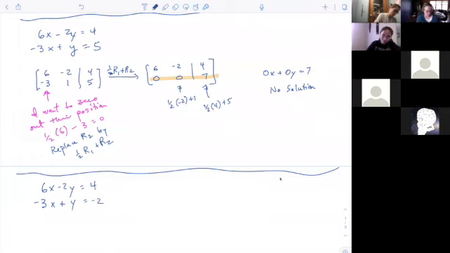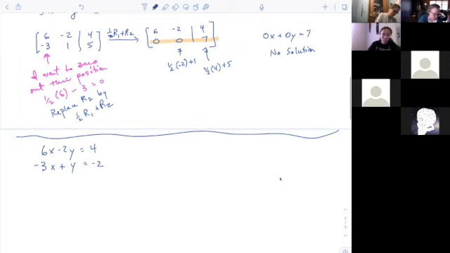All right, so this one is, if you look at it, those equations are multiples of each other. And so I should end up here with something that tells me that there's an infinite number of solutions. All right. So I'm going to approach it exactly the same as I did that one above.